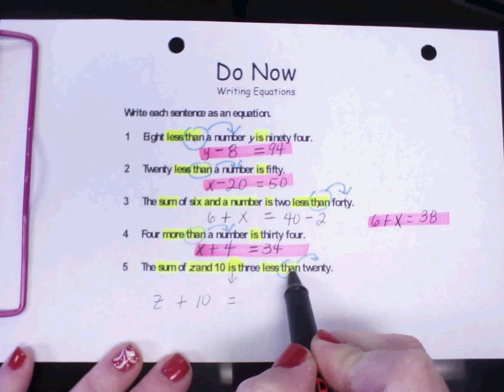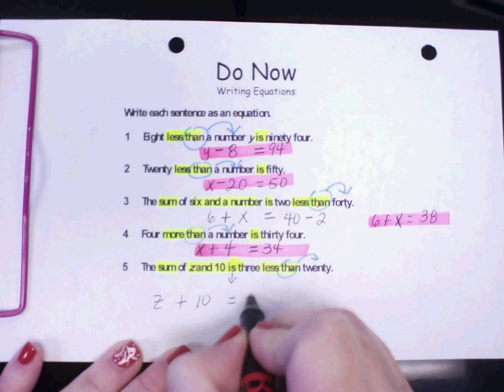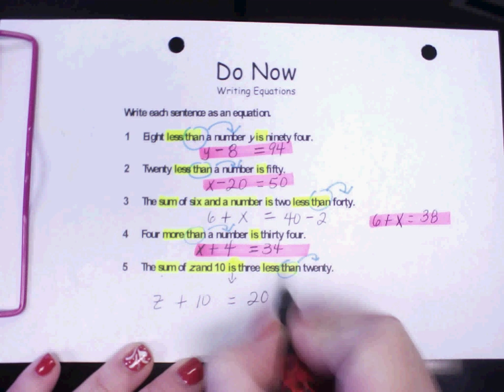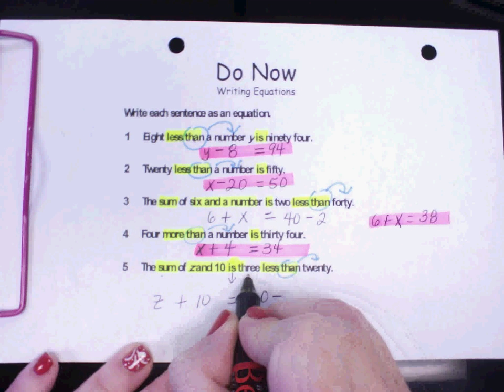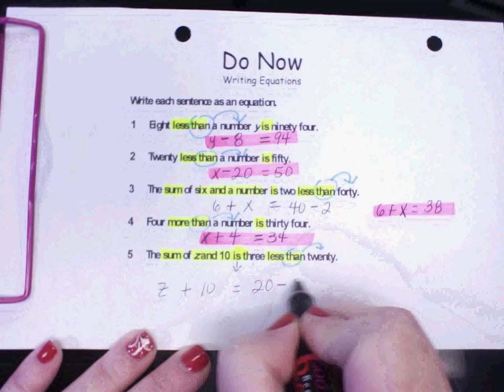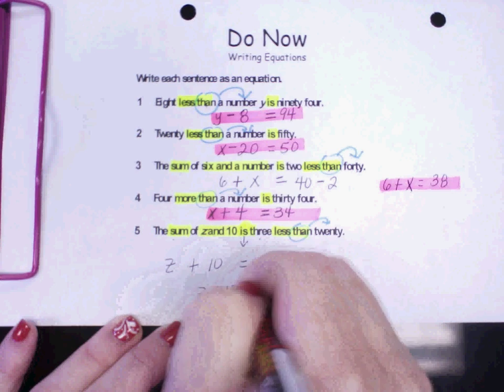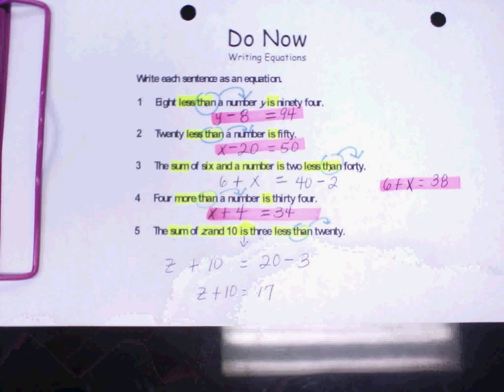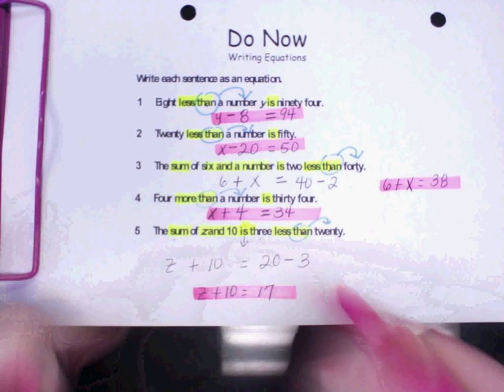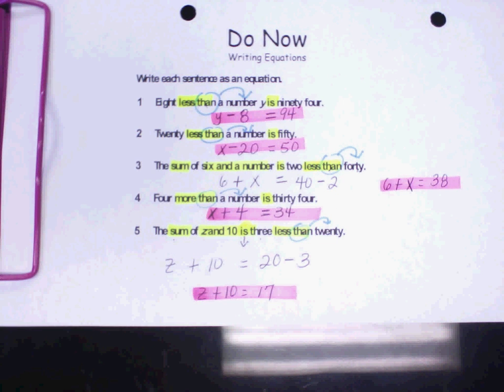Z and 10. All right, whatever goes after less than, you got to write first. What goes after less than? 20. Less than means what? Take away. And how many are you subtracting? 3. Can you say 20 minus 3? I think you can. That will be 17.